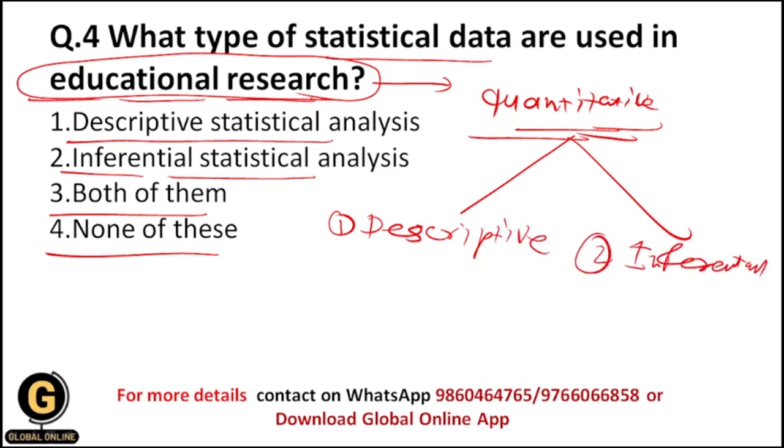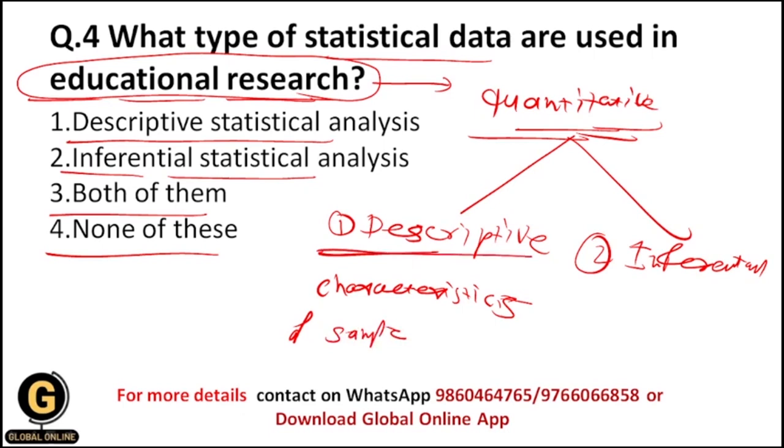Okay, so descriptive statistical analysis is computed to describe characteristics of a sample or population in totality. Basically here we are going to describe characteristics of a sample through computation.